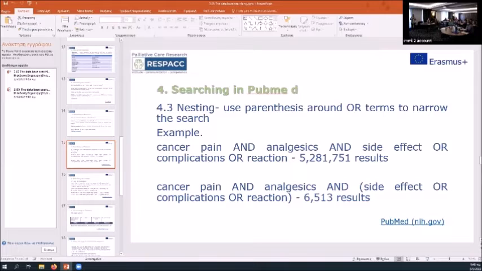So it will give quite large results. It will combine all these things. So you have to do this kind of grouping of the terms that are your synonyms. So this is when you use the parentheses.